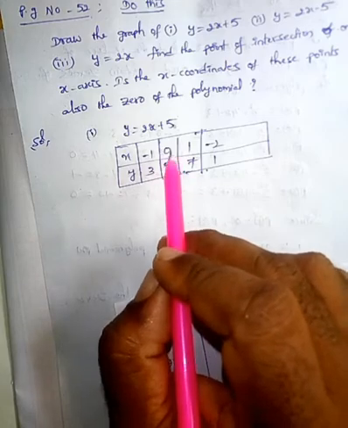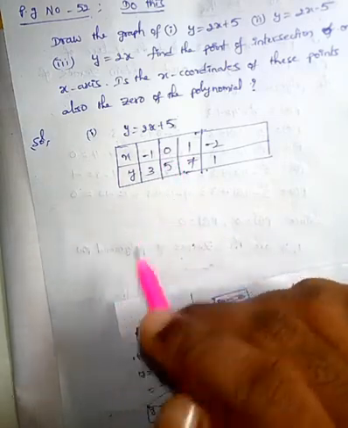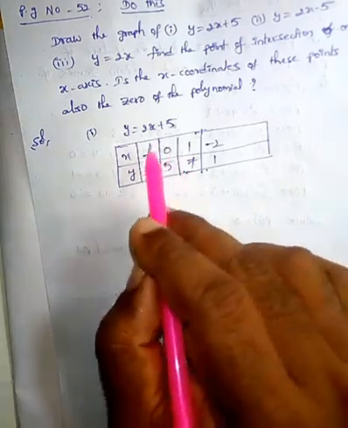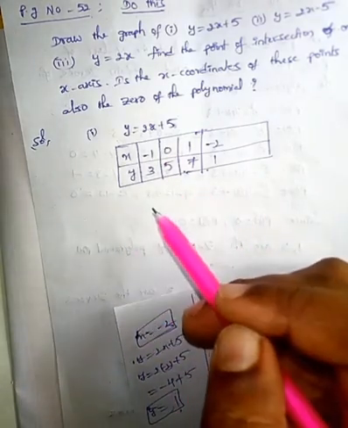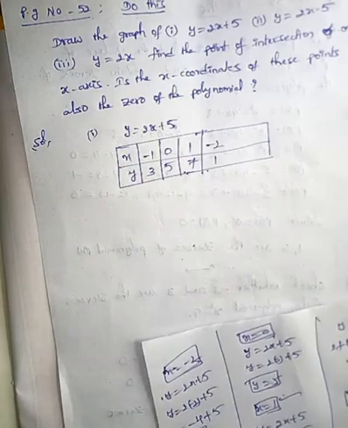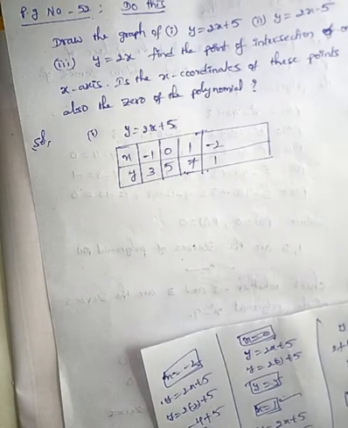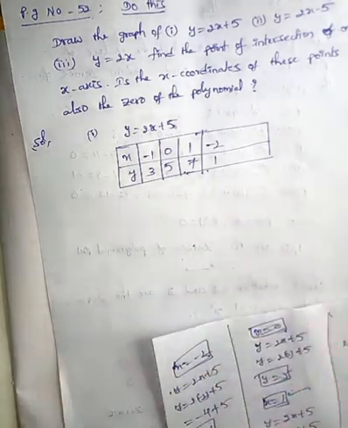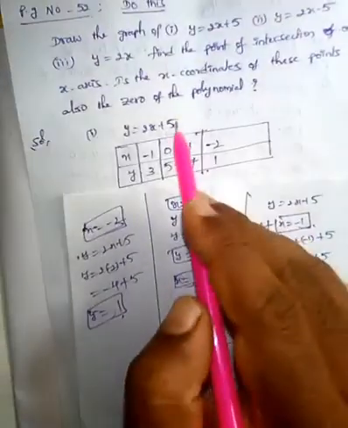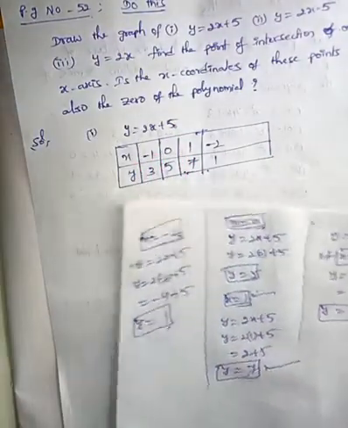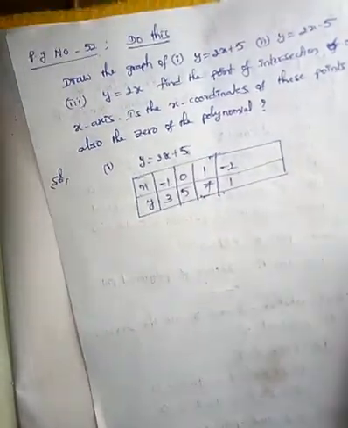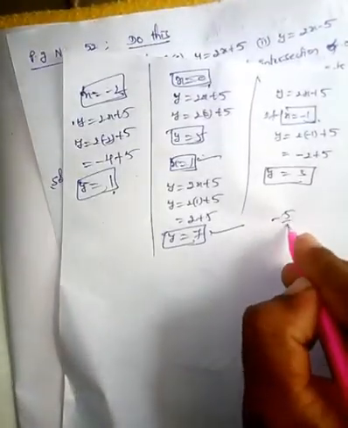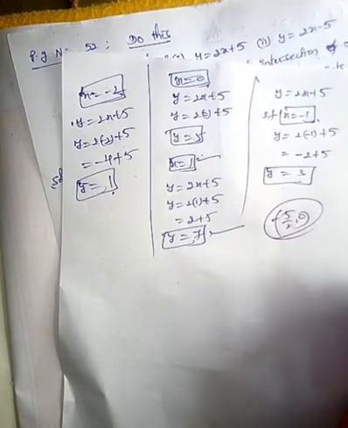Okay, children, I have no graph. That's why draw the graph by using these points. You know how to draw the graph. Okay, after drawing the graph, you can find that y equal to 2x plus 5 is a straight line, and this straight line touches the x-axis at points minus 5 by 2 comma 0.